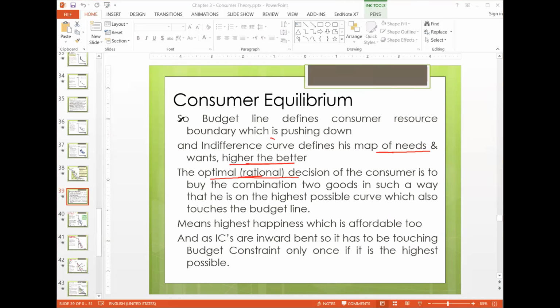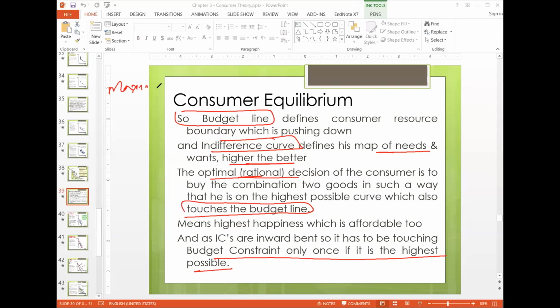We try to go as high as possible on the budget line so that we spend all of the resources, and we select the indifference curve which touches the budget line. This way we have the highest possible utility. So we maximize utility by using all the budget.